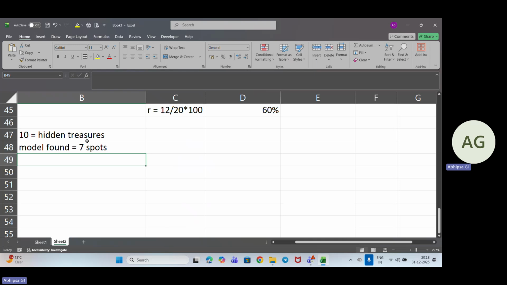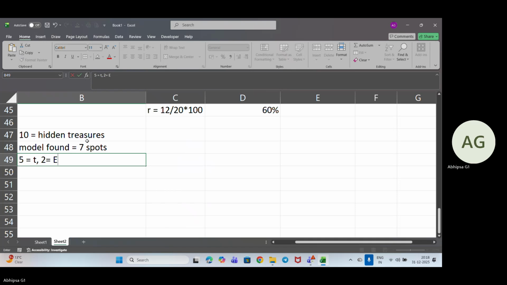Among the seven, five were actually treasure, and the 2 other spots were empty.